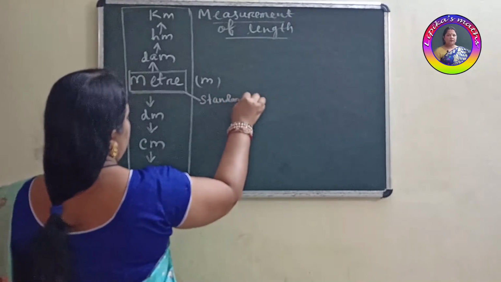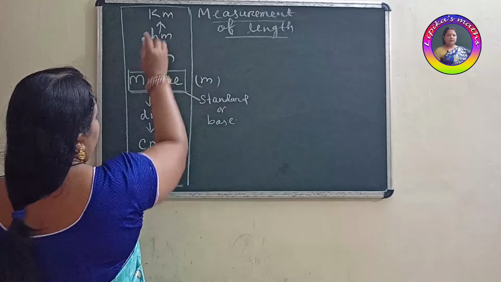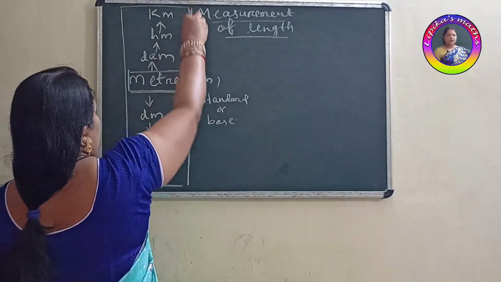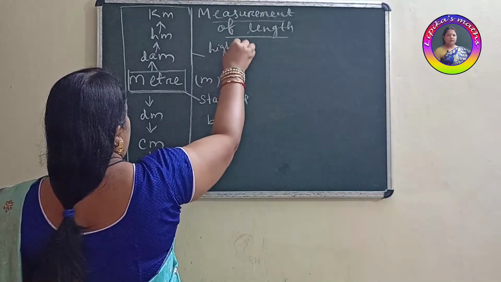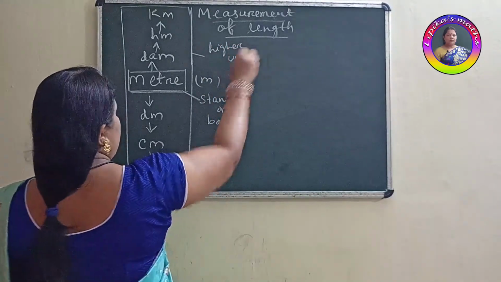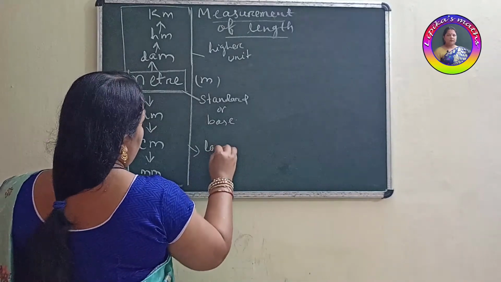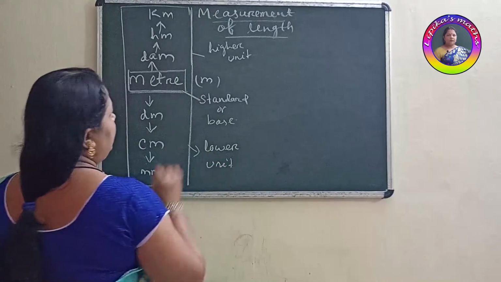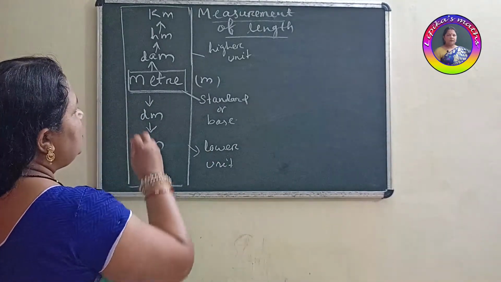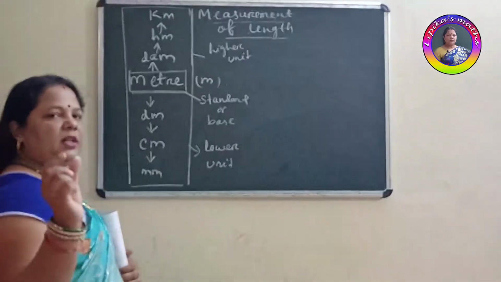Above the standard unit, these are called higher units. Clear? And below that, this is the lower unit or smaller unit. So how are we using this higher unit and lower unit? Suppose we take one example.